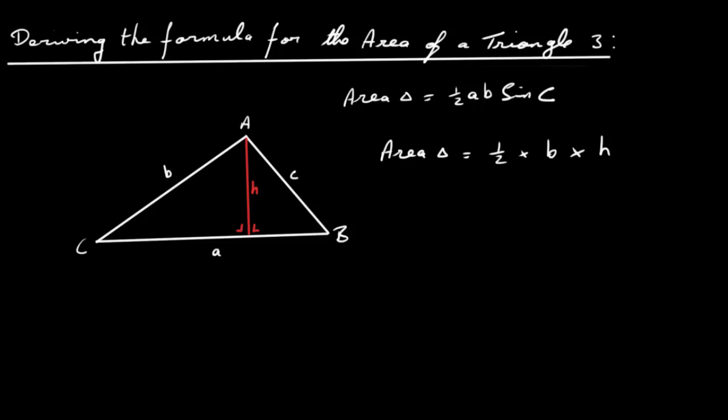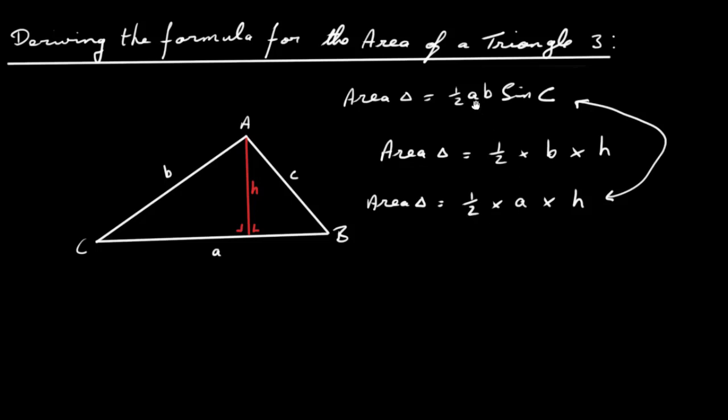So we want half b times h. In our case, it's going to be half of a times h. So just to convert it to this particular triangle that we have, our base happens to be a, so I'm just going to write that down. It's going to be half of a times h. If you compare this formula with this one here, we have the area of our triangle, we have the equals, we have the half there, half here.